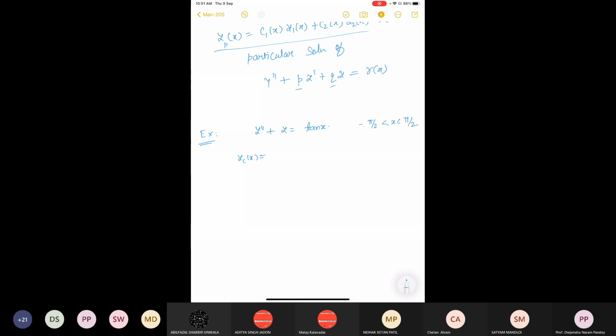YC(x) is basically the general solution of the homogeneous problem. What is the homogeneous problem? It is y double dash plus y equal to 0. Can you find two linearly independent solutions of this?